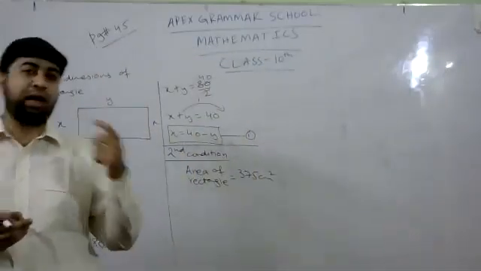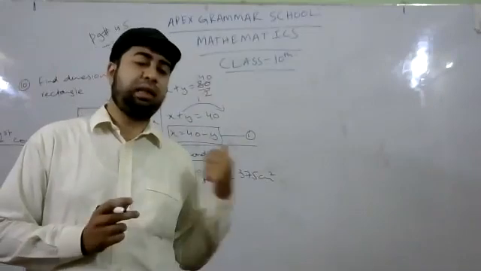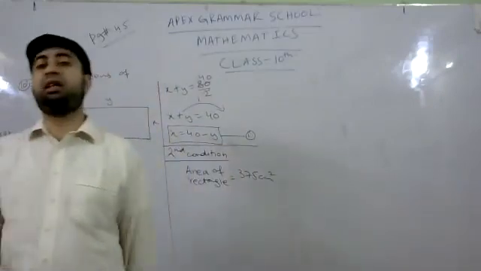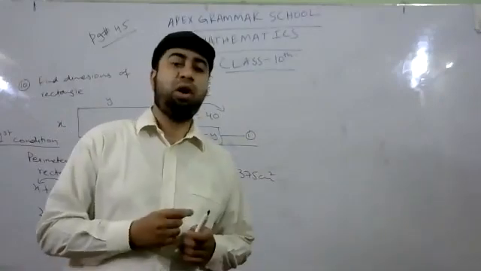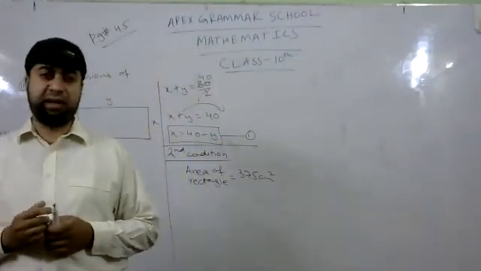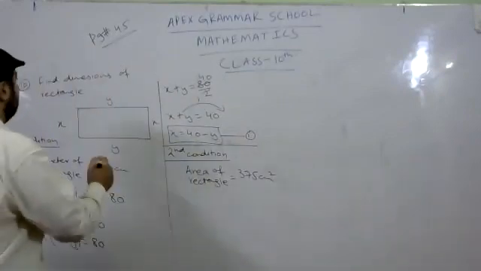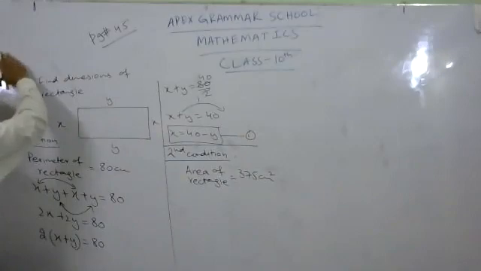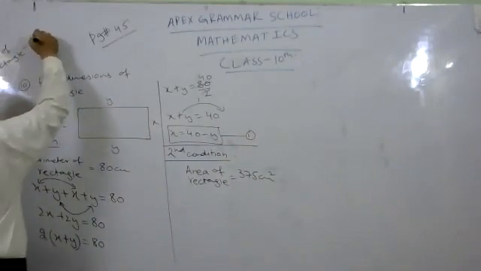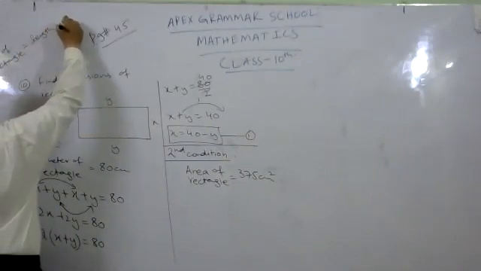Now, what about the area of a rectangle? This thing you have already done in class 6, 7, 8, 9. How can we find the area of a rectangle? Area of rectangle is length into width.